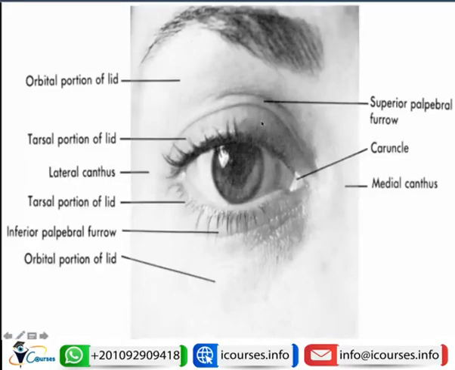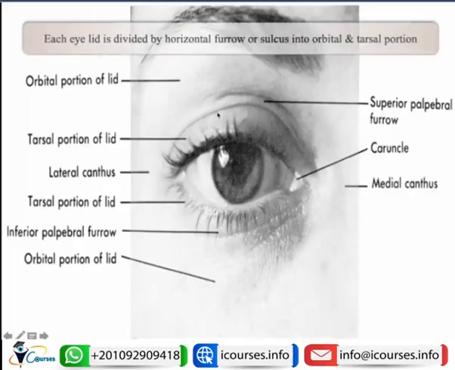Let's have further insight into the eyelids and their boundaries. This is the superior eyelid and this is the inferior eyelid. You can see that in the superior eyelid there is a line or sulcus. This is called the lid crease. It is present in the upper eyelid and in the lower eyelid.